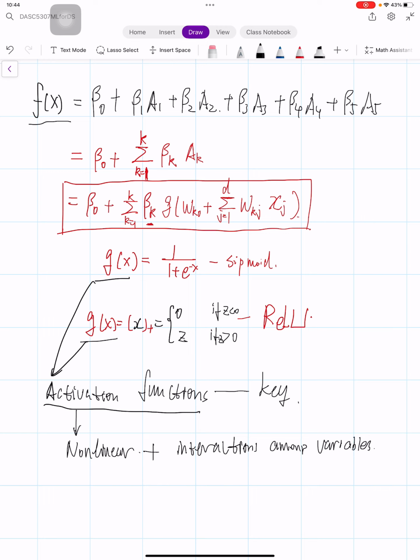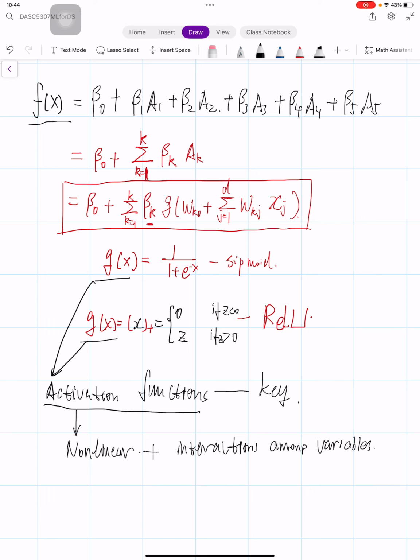And suppose our activation function is g(x) equals x squared, just the quadratic activation function. Suppose after running the deep learning algorithm, we get beta 0 equals 0, beta 1 equals 1/4, beta 2 equals negative 1/4.